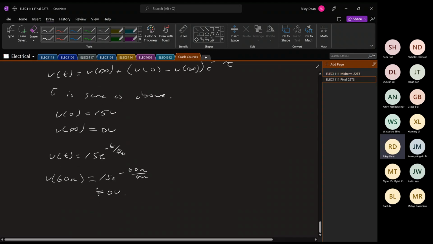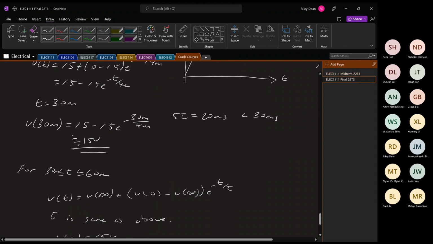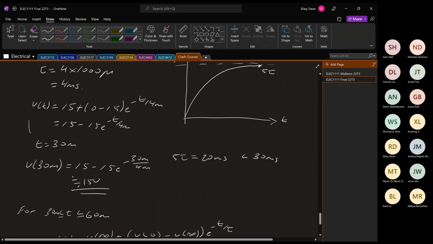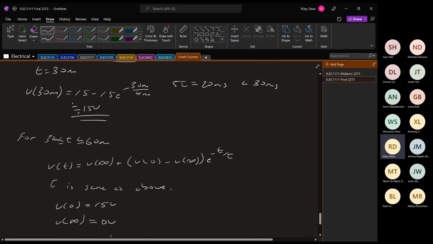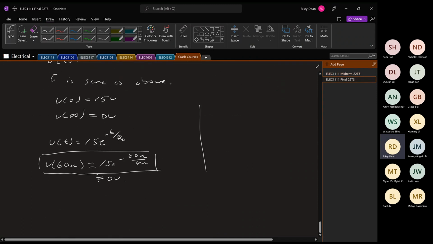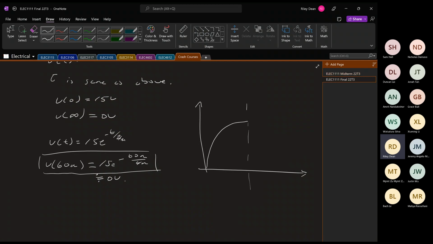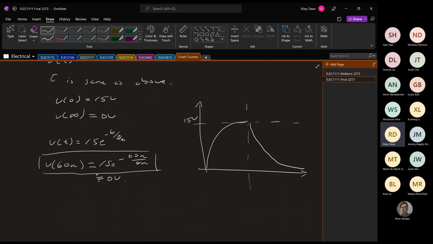So these two equations are the main things we were after in this. And our response, just so you have a bit of a grasp of what we're looking at, looks like this for the first part, and then that for the second, that being 15 volts. So we can see that this is charging, and this is discharging.